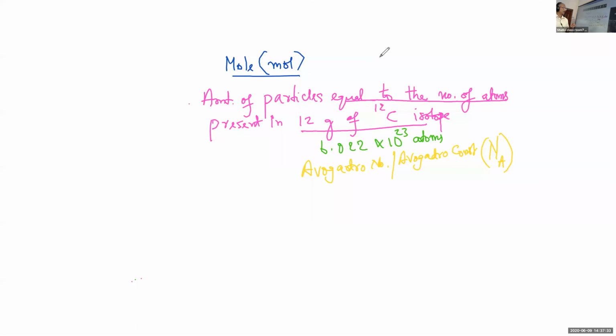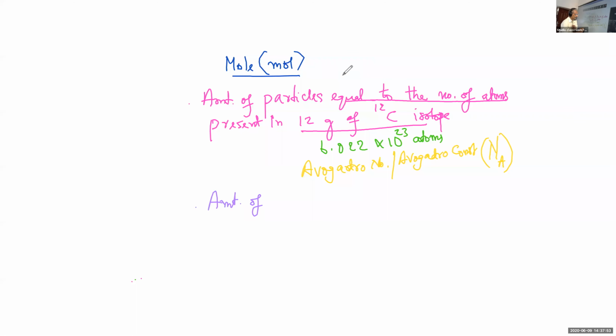So we can say 1 mole is equal to the mass of 1 Avogadro number of particles.